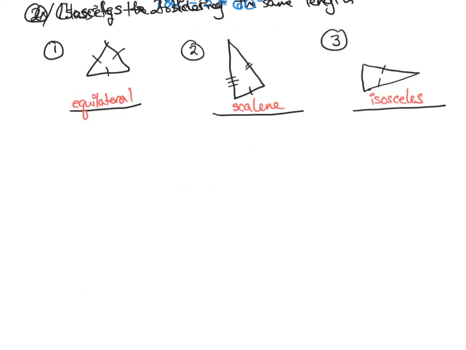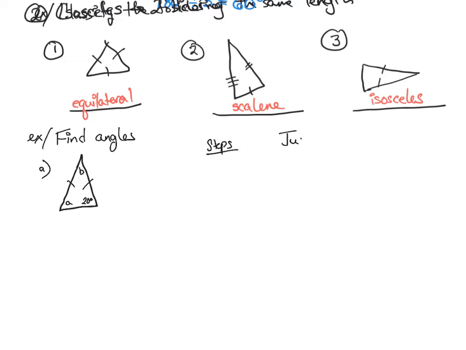So, find the angles. First one, we have an isosceles triangle. This is 20 degrees. So you need to find A and B. Steps, justification.